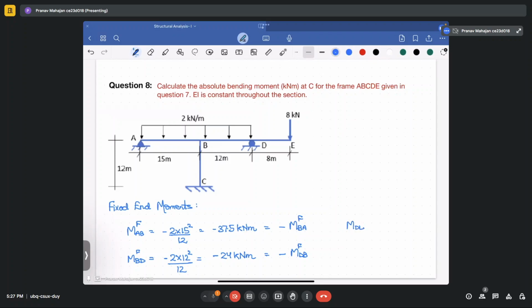So our MDE F will be equal to minus 8 into 8, that will be equal to minus 64 kilonewton meter. Rest are all zeros.